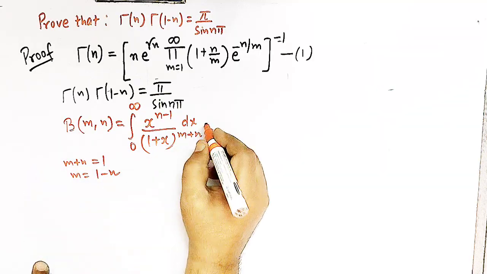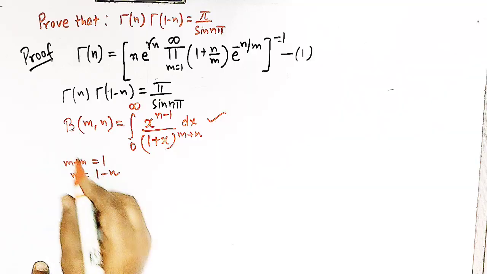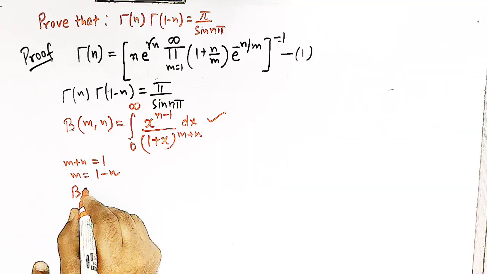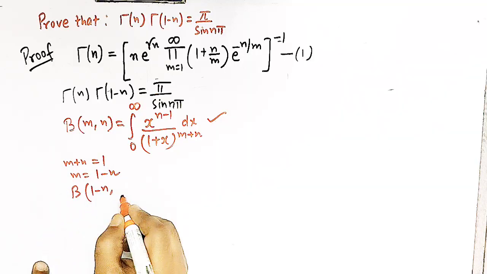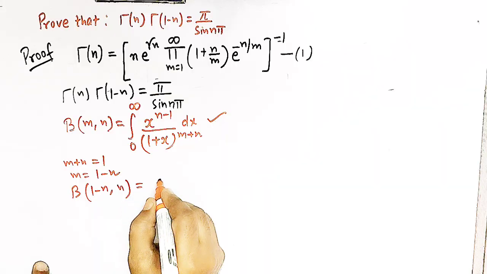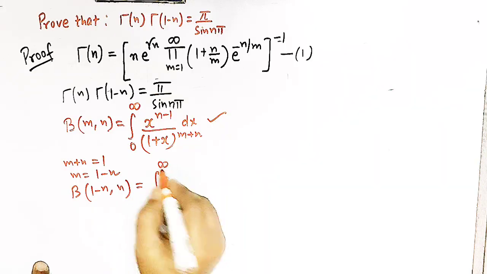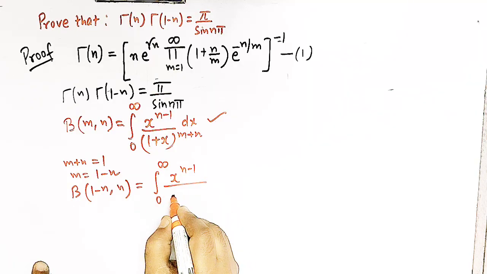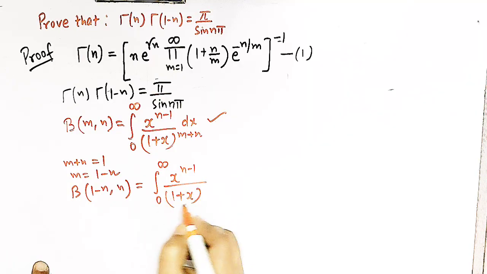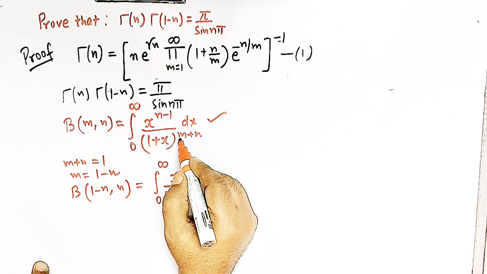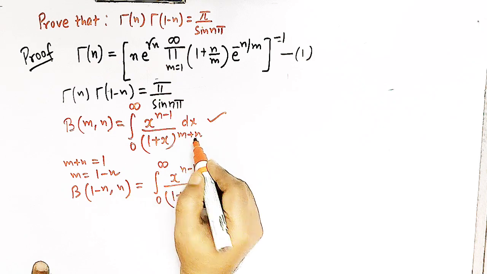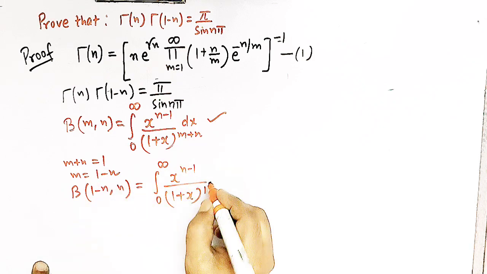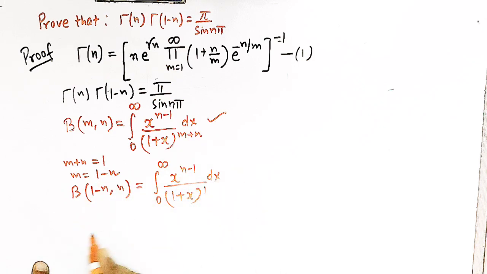So now this expression takes the form beta 1 minus n comma n is equal to the integral from 0 to infinity of x raised to n minus 1 over 1 plus x raised to 1, because we are replacing m plus n by 1, dx, right?